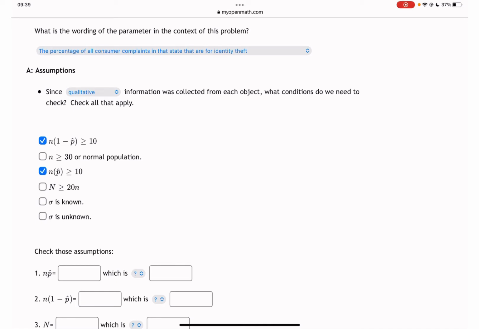And the third condition is that population size has to be at least 20 times greater than sample size. Those are our conditions.